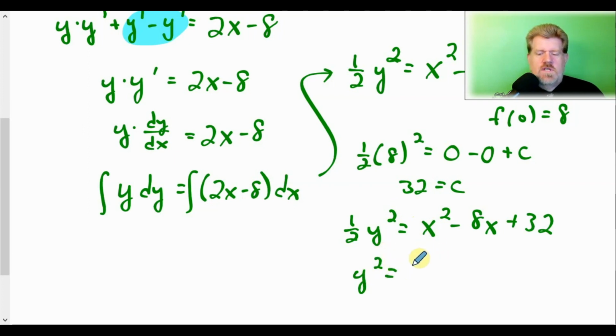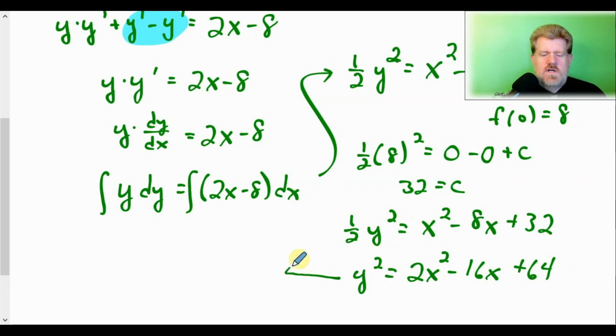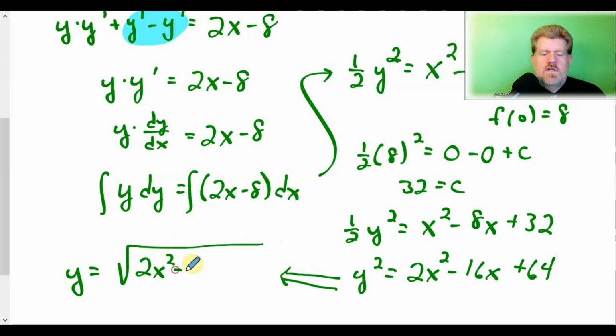So it's going to be 2x squared minus 16x plus 64. Then I'm going to shoot that answer over here. That answer is going to be the square root of 2x squared minus 16x plus 64.